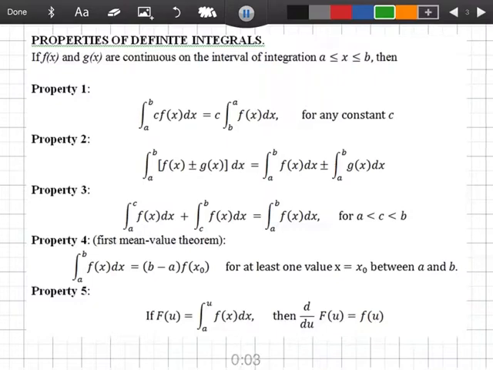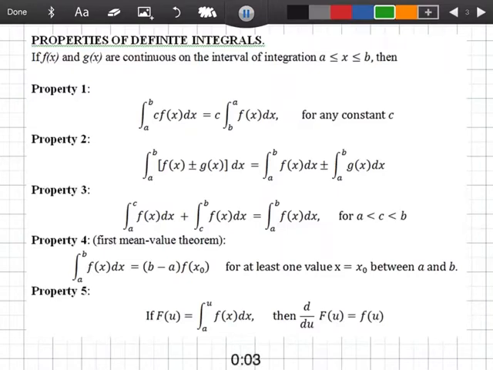And property 3: we have the same function, f of x, the same integral of f of x dx. The difference is the limits. The first function has lower limit a and upper limit c.